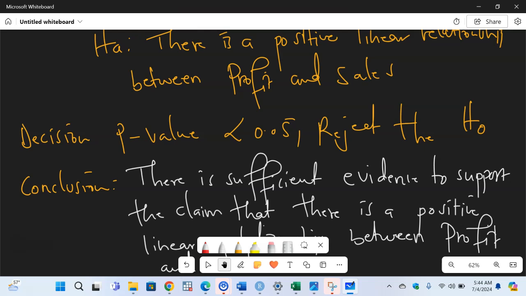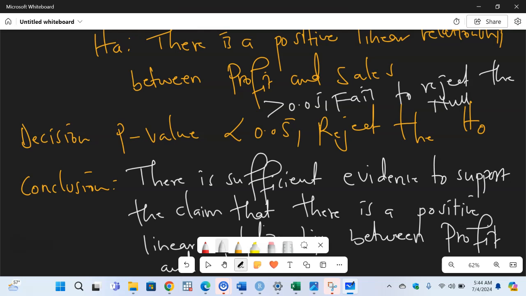decide. If the p-value is less than 0.05, then you reject the null. If not, then what do you say, by the way? I forgot to mention that if, assuming the p-value here in this case is greater than 0.05, then you fail to reject the null hypothesis.